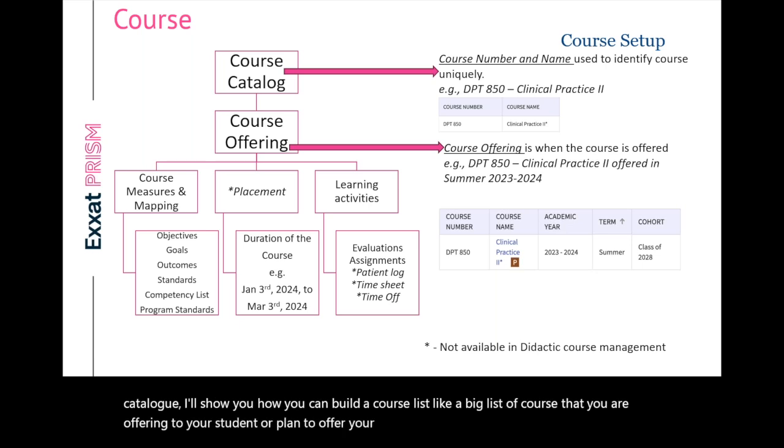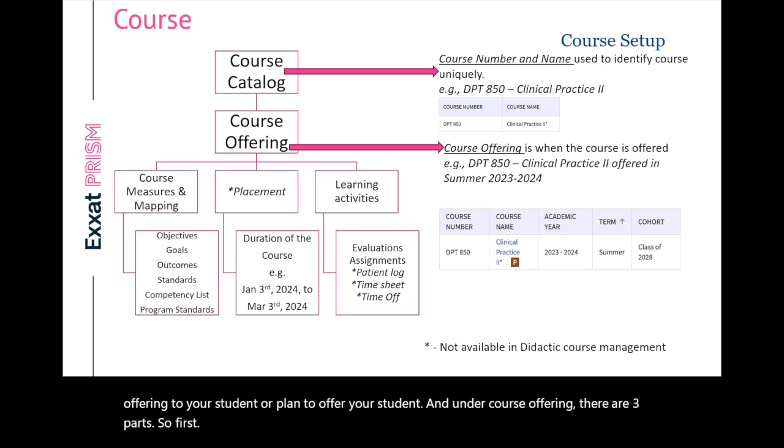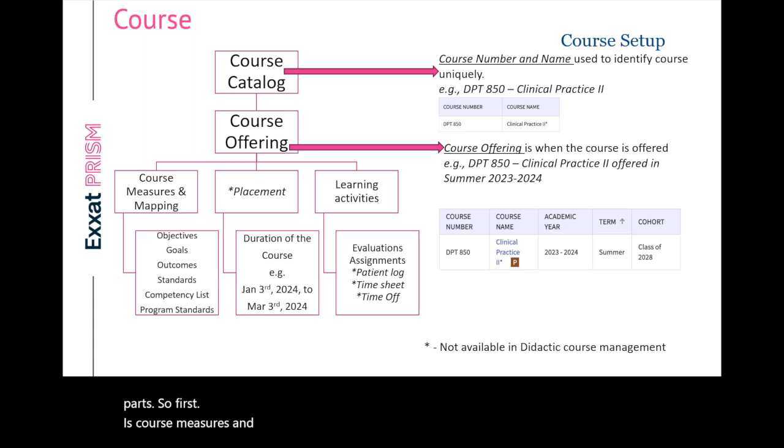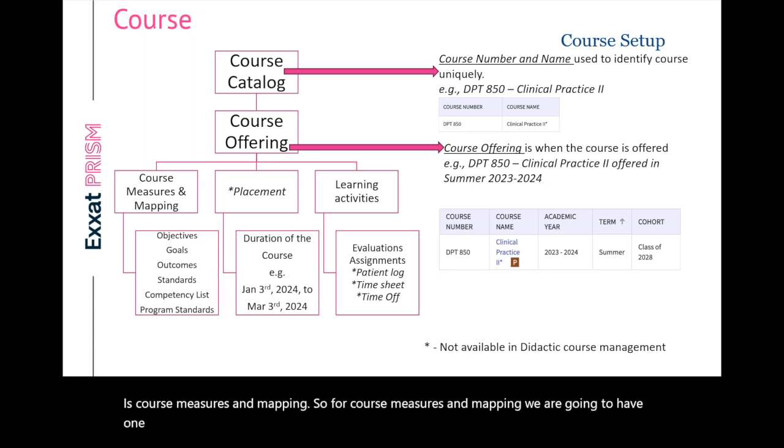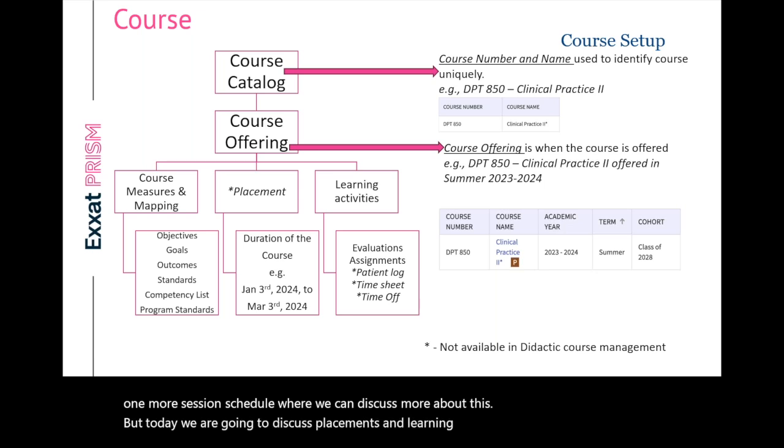Under course offering, there are three parts. First is course measures and mapping, which we'll discuss in more detail in another scheduled session. Today we are going to discuss placements and learning activities.